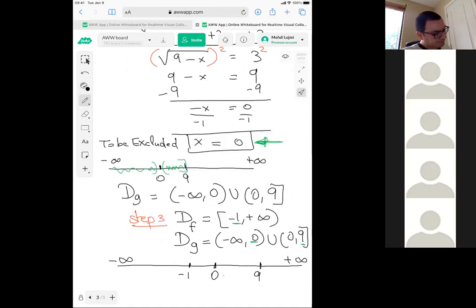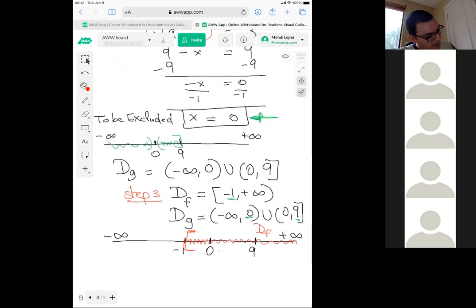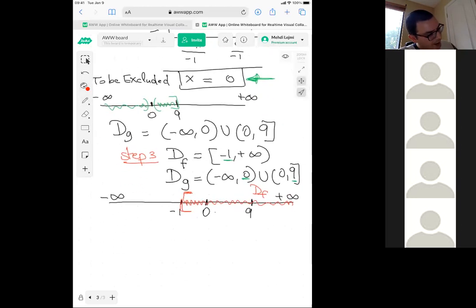Now, domain of f would be this one here, from -1 to positive infinity. -1 is included, so that's the domain of f, right? And then the domain of G. Domain of G, it's negative infinity, and then 0 is excluded, and then from 0 to 9, 9 is included.